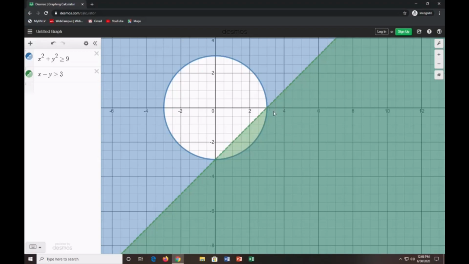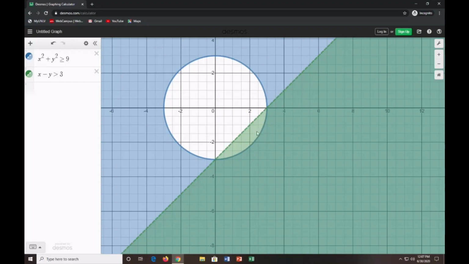When I post the graph on Canvas, compare this with what we had. The solution is on the right side of this dashed line and outside of the circle. Not on the inside of the circle.